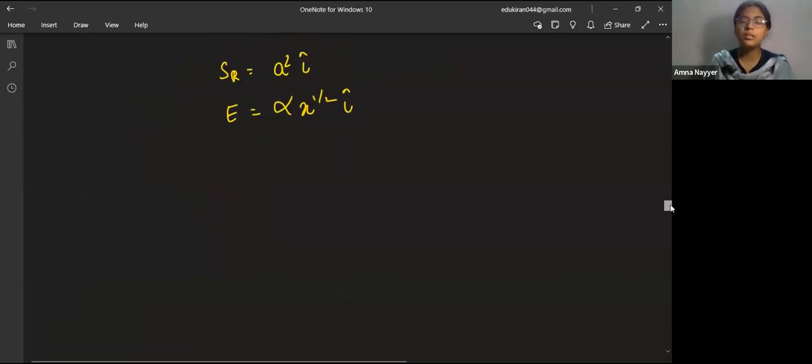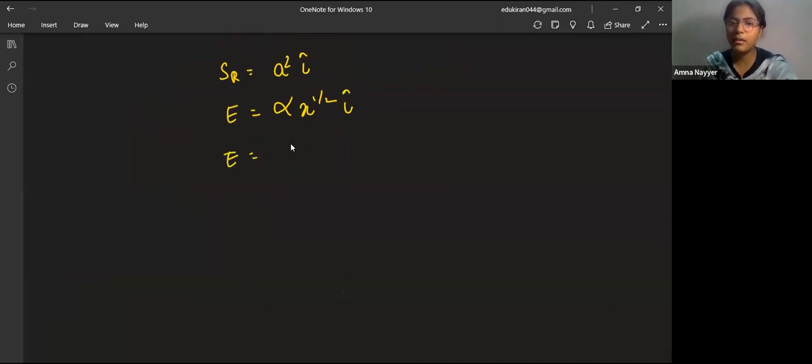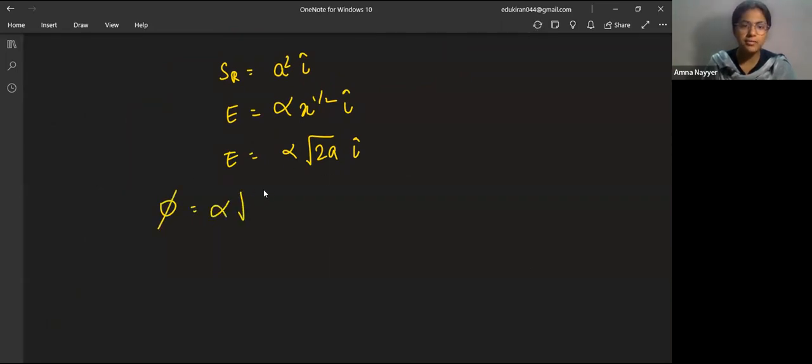So we'll put E is equal to alpha, which will remain. Instead of x, we'll put 2a to the power half, or you can write root 2a i cap. Right? This is what we require. Now put in the formula. Flux will be electric field, that is alpha root 2.